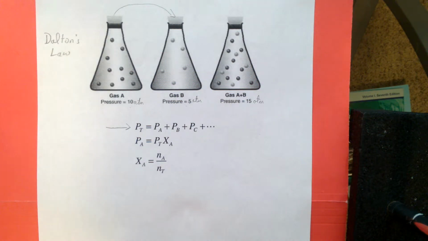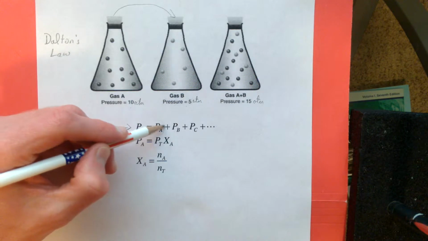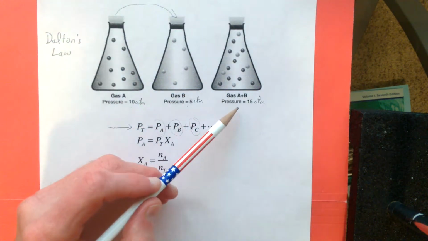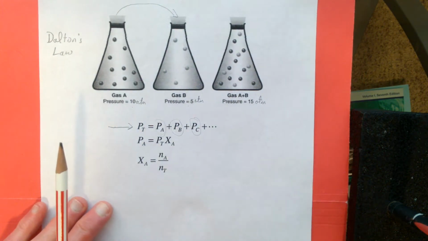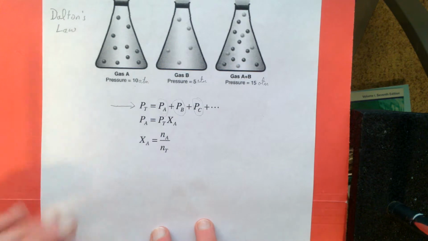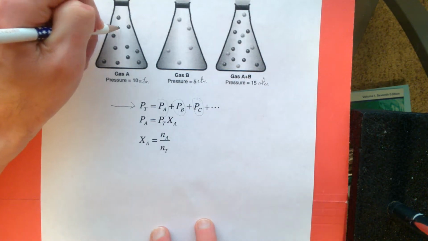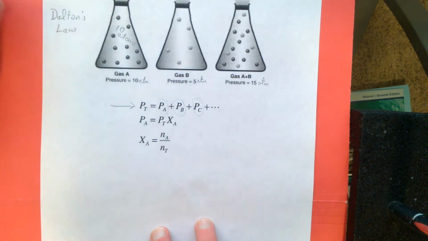Now, where do these partial pressures come from? How can we determine a partial pressure of a gas if at first we just have the total pressure? Notice something here. In our figure, inside this flask there are 10 individual atoms floating around.